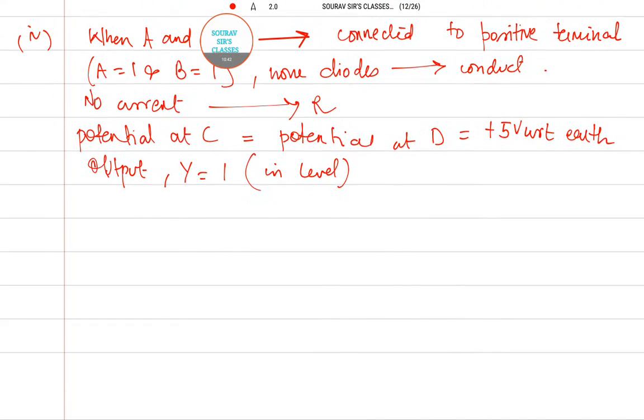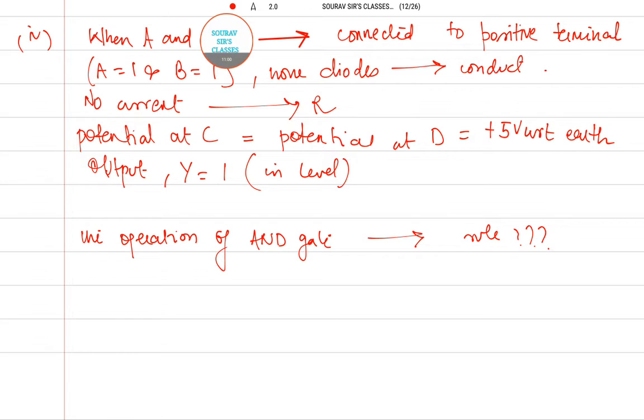So we have 4 cases, so we have to generalize it. So let us do it. We can say that the operation of the AND gate is based on a particular rule. Again, what is the rule?